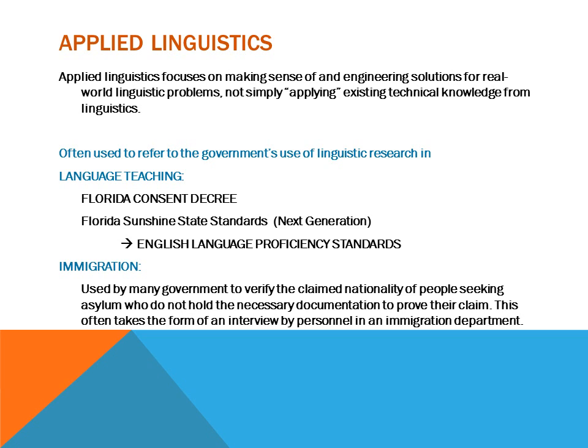Another way that governments use linguistic analysis is to verify the claimed nationality of people seeking asylum who do not hold the necessary documentation to prove their claim. This often takes the form of an interview by personnel in an immigration department. Linguistic experts analyze the speech used by the immigrant in this interview to determine the real native language and real nationality of the immigrant.